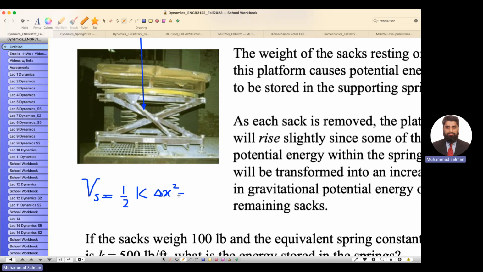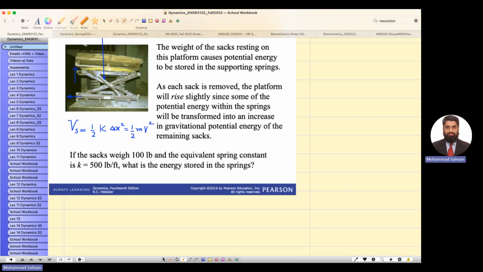If you release it by some trigger mechanism, that will convert to velocity. So this chair will certainly jump upward if you release the stored energy in the springs by a certain trigger mechanism, and this sack will move at a certain velocity, which you can find from this conservation of energy principle. You understood this logic? So you can apply this kind of concept to find the final velocity.